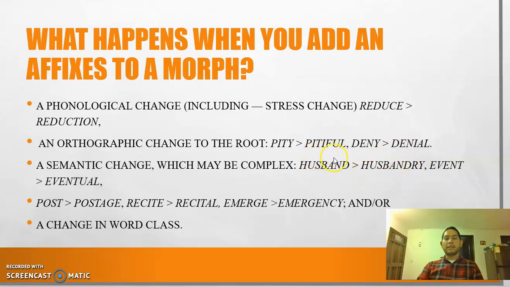But husband and husbandry have different semantic concepts. Also, when you add an affix to a morph, it changes the word class, and we will see more about this when we talk about the suffixes.